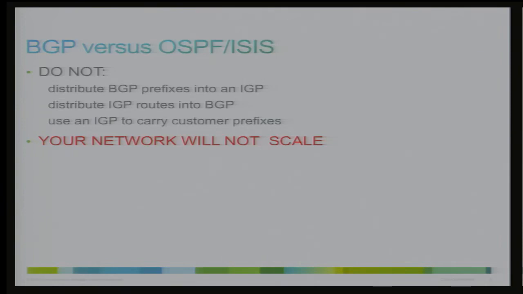That's a no-no. Do not advertise BGP into IGP, because IGP doesn't scale to the same level of routes as BGP. IGP converges faster, but it doesn't scale in terms of number of routes, and there is no need to do that. So do not distribute BGP prefixes into IGP. Also, do not distribute IGP routes into BGP.